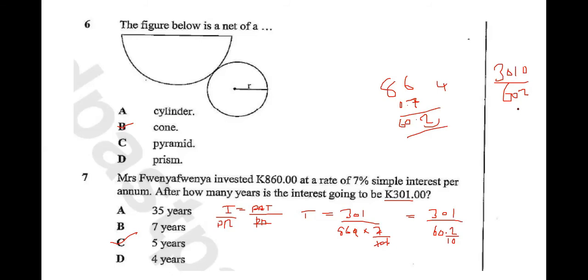Then you keep on reducing like that until you come to this one here, which is a 5. Please don't use the calculator. Practice on how to reduce that one.